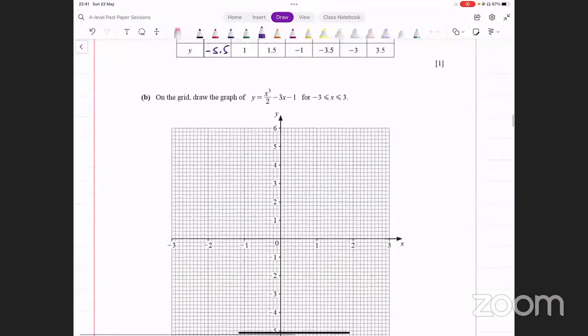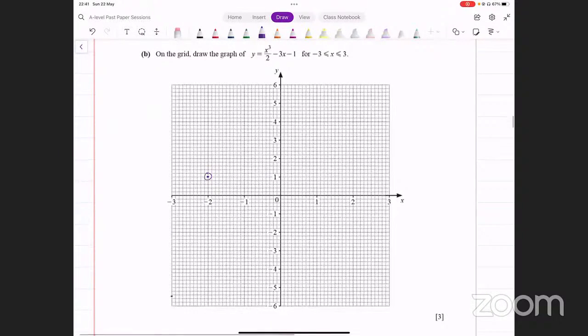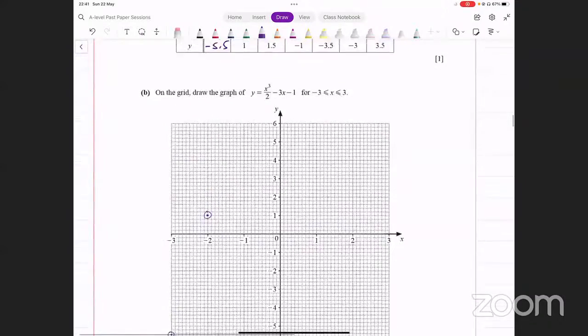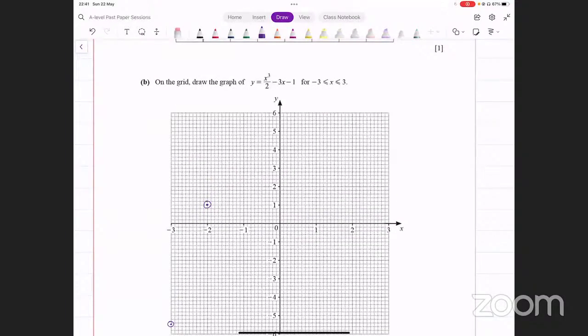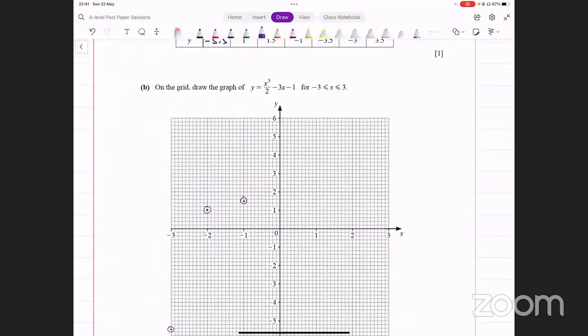So then we have -2 and 1. -2 and 1, that's here. -1 and 1.5. -1, we've got 1.5. That's going to be here. At 0, we've got -1.